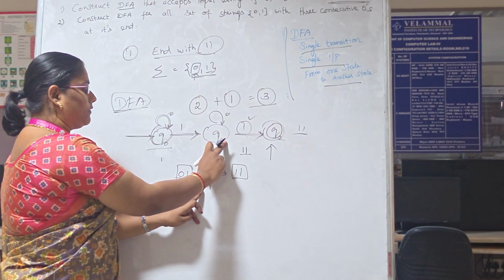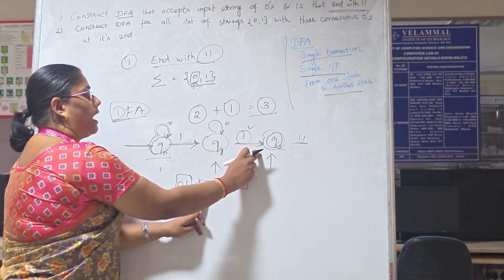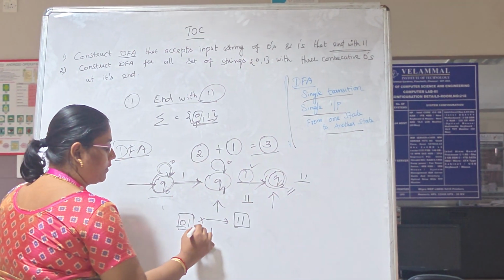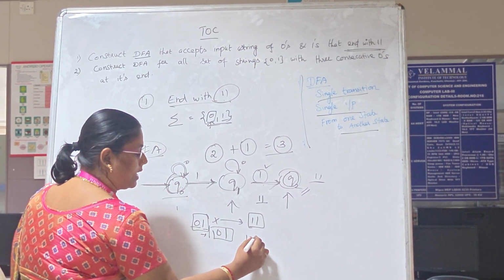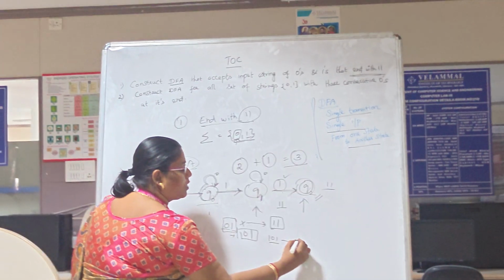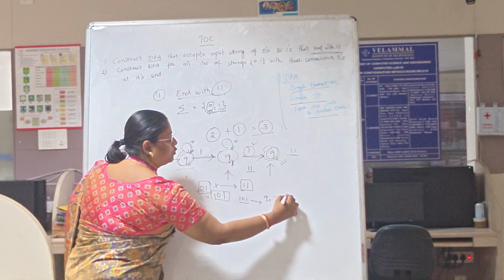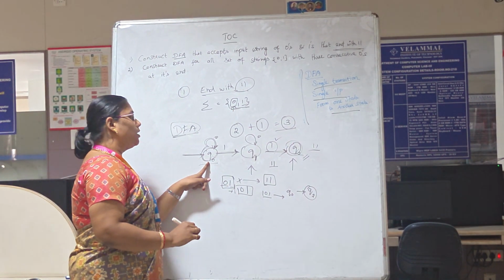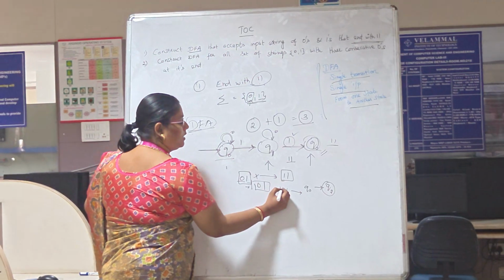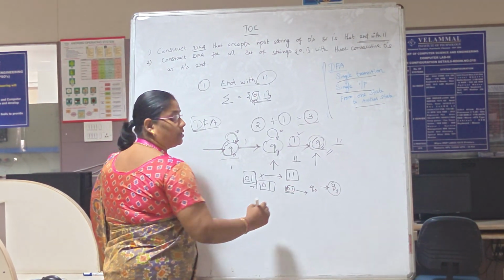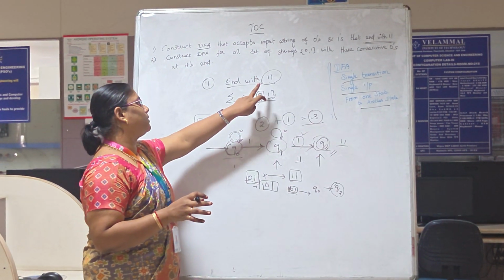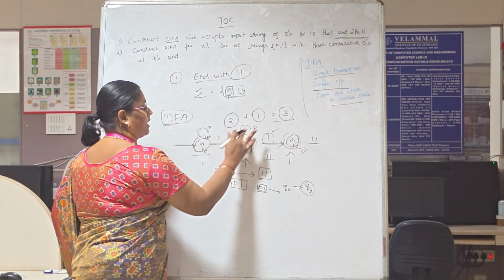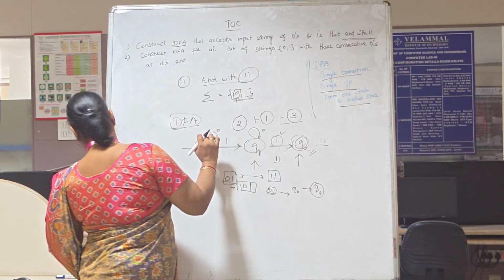Q1 has a self loop on 0, and after reading 1, it will move to Q2, which is the final state. So if I give 1 0 1 as input, the machine will reach Q2, the final state. But my machine should not accept a string that ends with 0 1. It should accept only strings ending with 1 1. So I have to change this again.